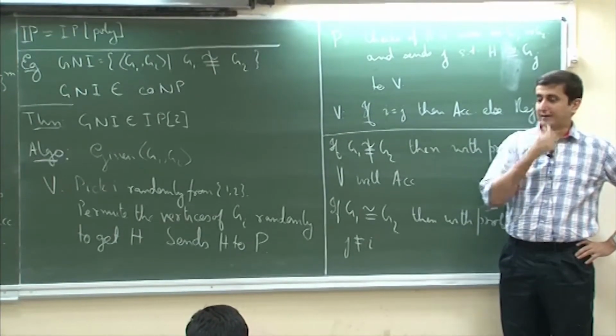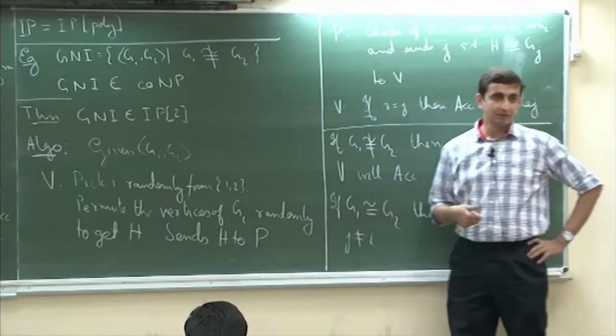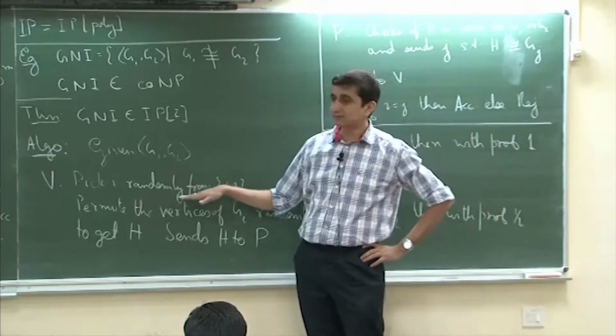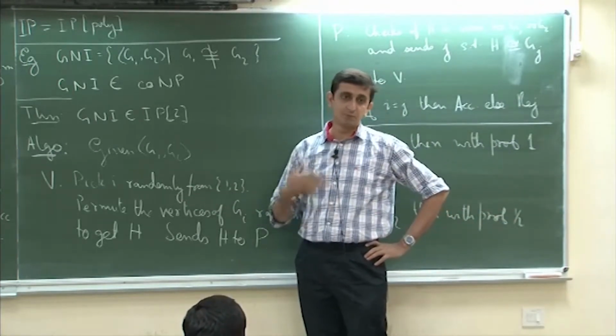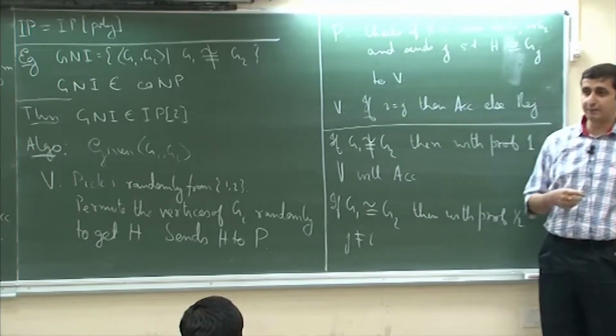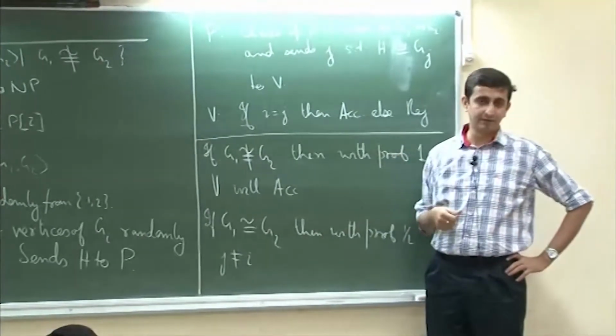Okay. And if he gets tail, just the other way around. So, here it is very, very important that this coin toss is a private coin toss. I mean, the prover does not have access to whatever is the random bit that the verifier is using, because otherwise he can fool the verifier.